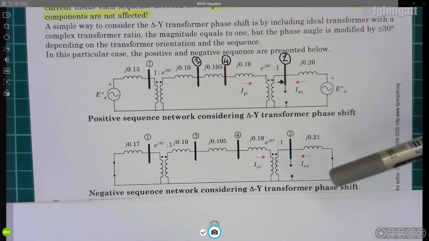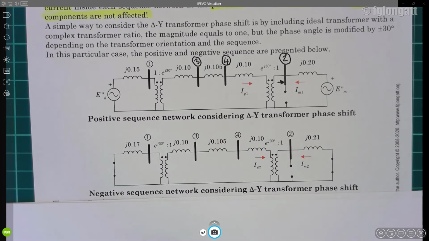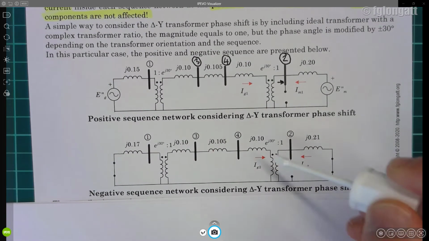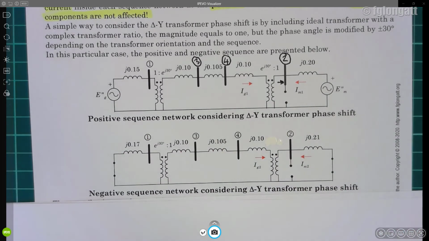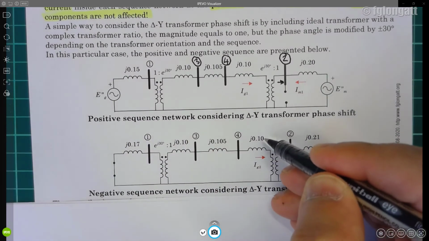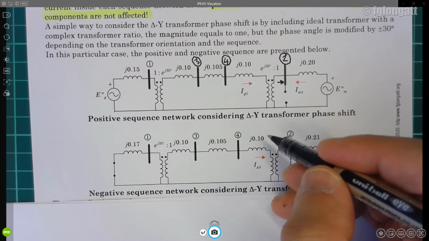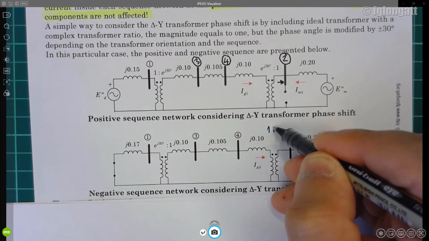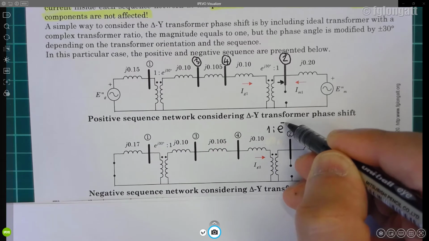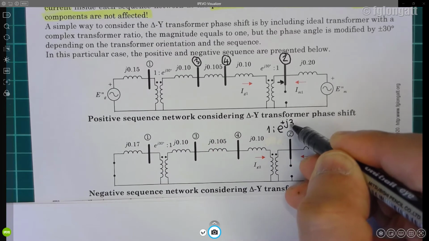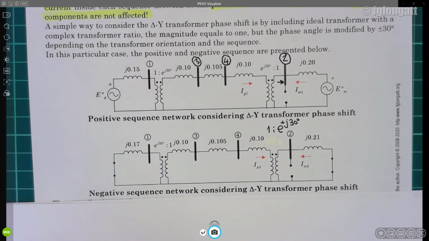But in the other case, we need to fix something here. When we are in negative sequence, the phase shift changes, okay? It's clear that when you are moving in the negative sequence, we are changing by minus 30 degree, and we will say here, okay?